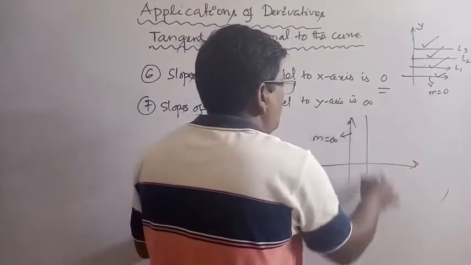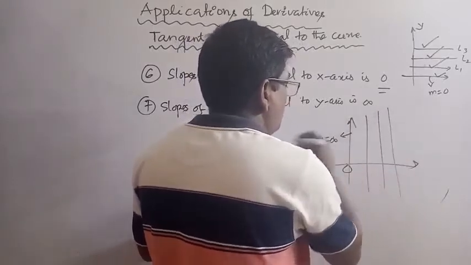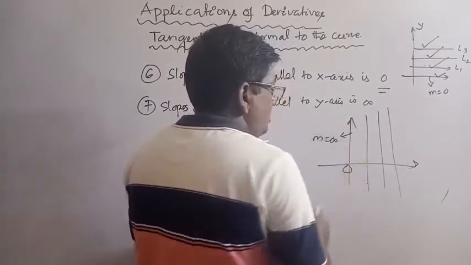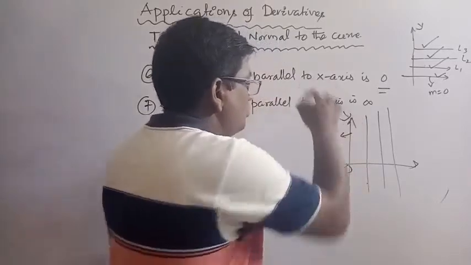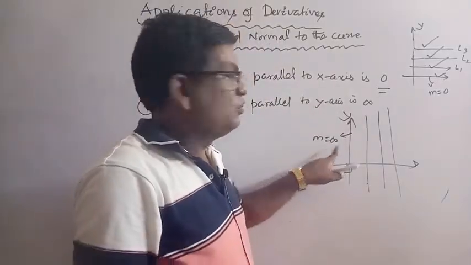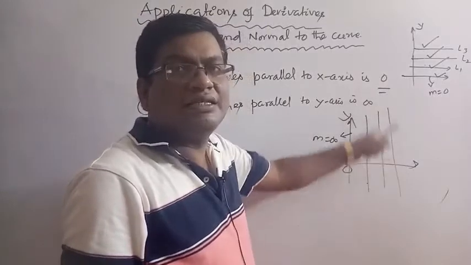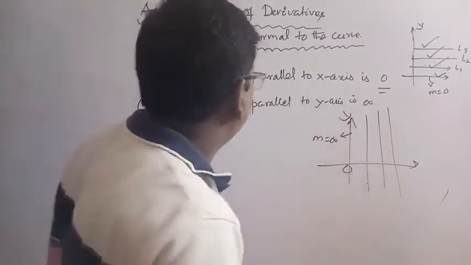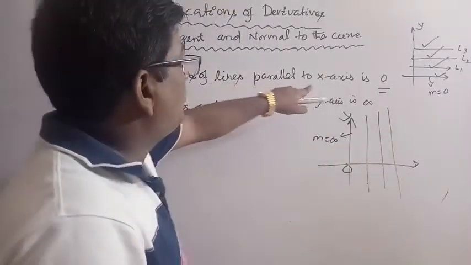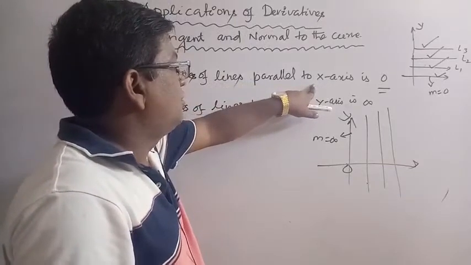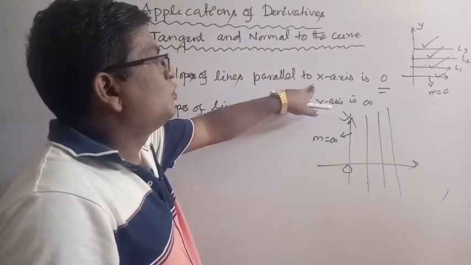Infinity. So any line parallel to the y-axis, this is the origin, since the slope of the y-axis is infinity, has slope infinity. We can say the slope of a line parallel to the x-axis is 0.